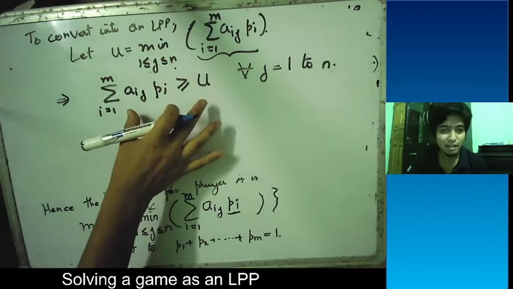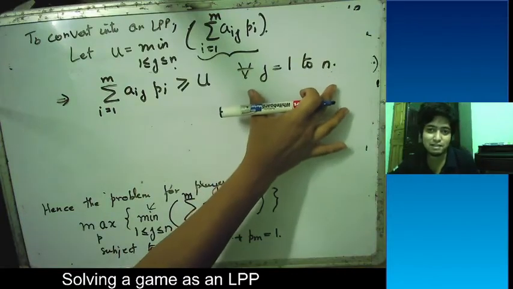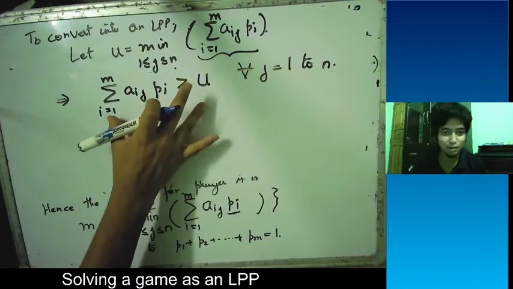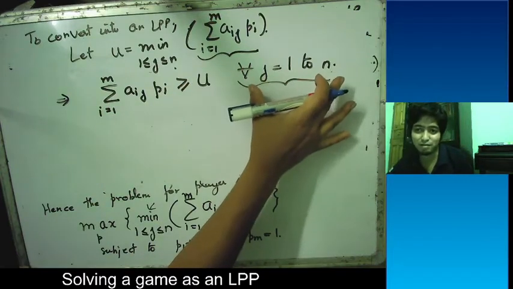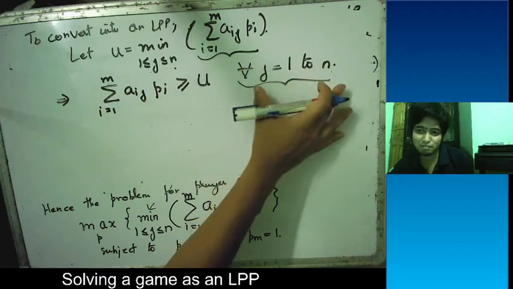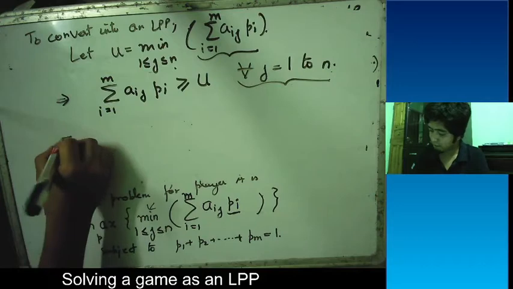Over here, how many inequalities are we having? We are having n inequalities. Even though it looks like one inequality, because of this condition we are actually having n inequalities.